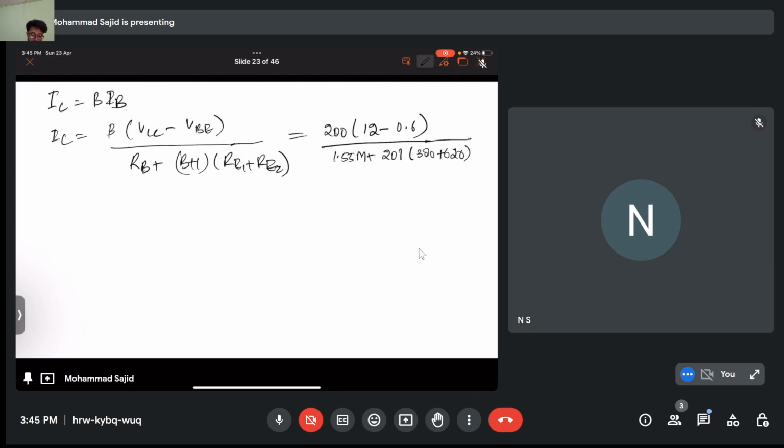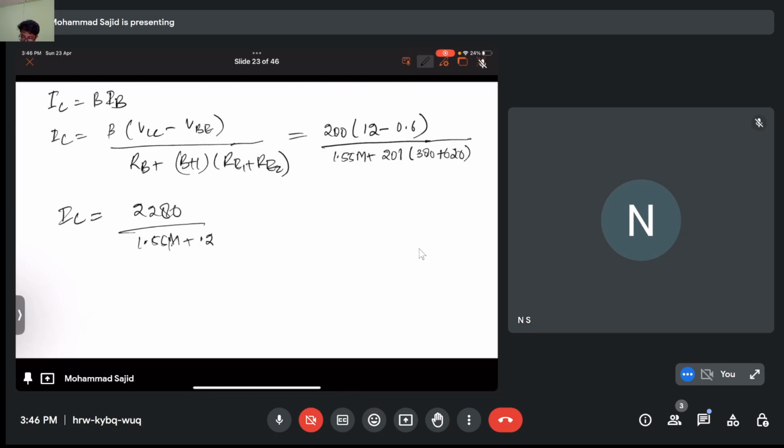Okay, so IC will be, let me just calculate, 12 minus 0.6 into 200, that is 2280, divided by 1.55 mega plus 201 times 1 kilo, that is 0.2 mega.